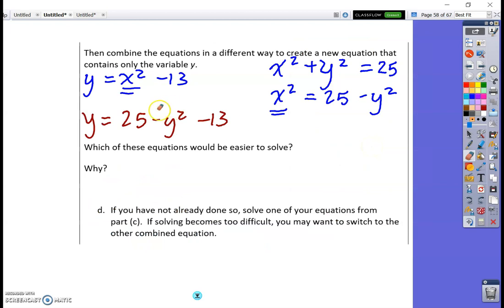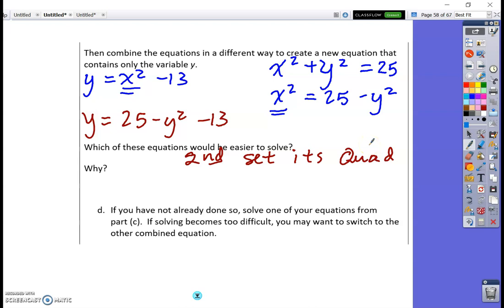And so that's why we can solve this one more easily, because we're only going to be able to find 2 y values, or we can find 4 x values. And so I would say this second pairing is better, because it's to the 2nd power instead of the 4th power. It's quadratic is my reason.